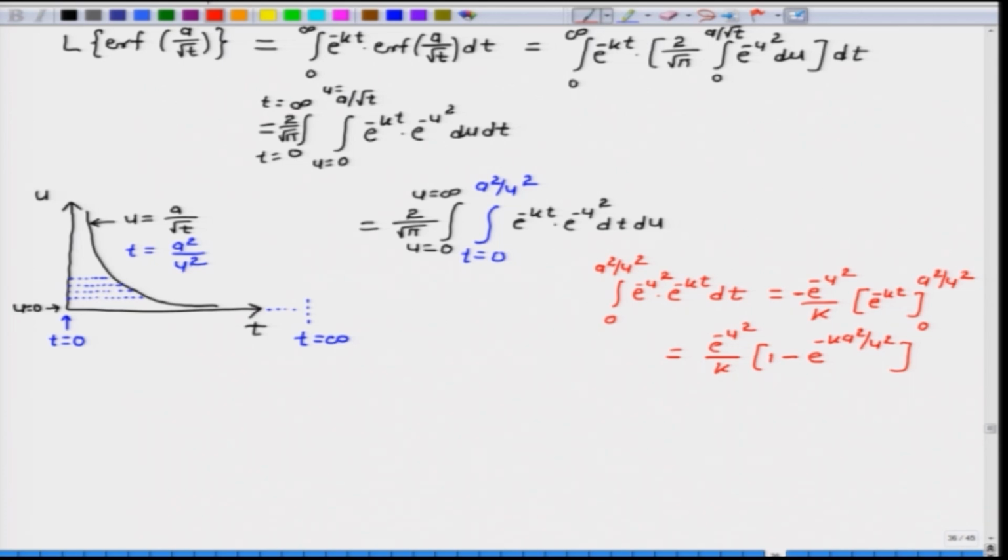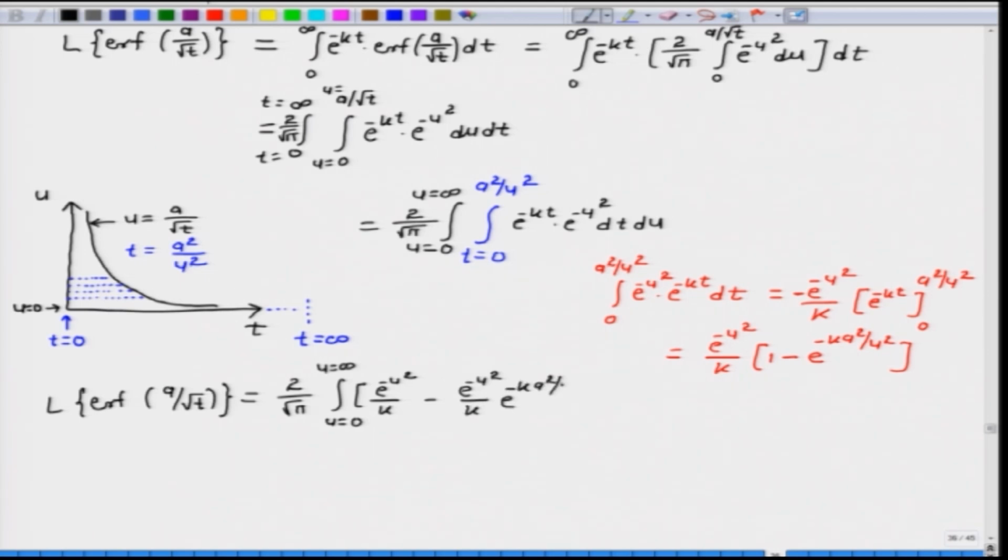So, the Laplace transform of error function a by root t should be equal to 2 over root pi, integral u equal to 0 to u equal to infinity. We evaluated this inner integral, which should be e to power minus u square by k minus e to power minus u square by k times e to power minus k a square by u square, du.